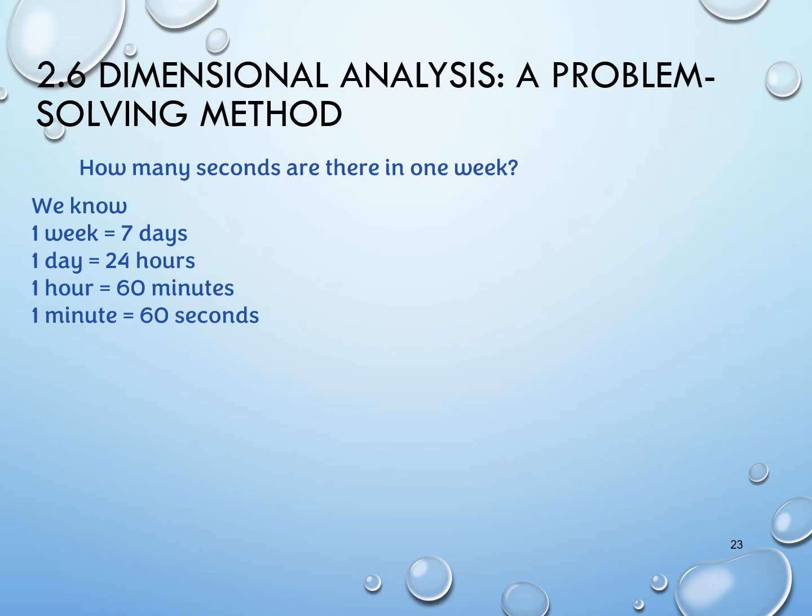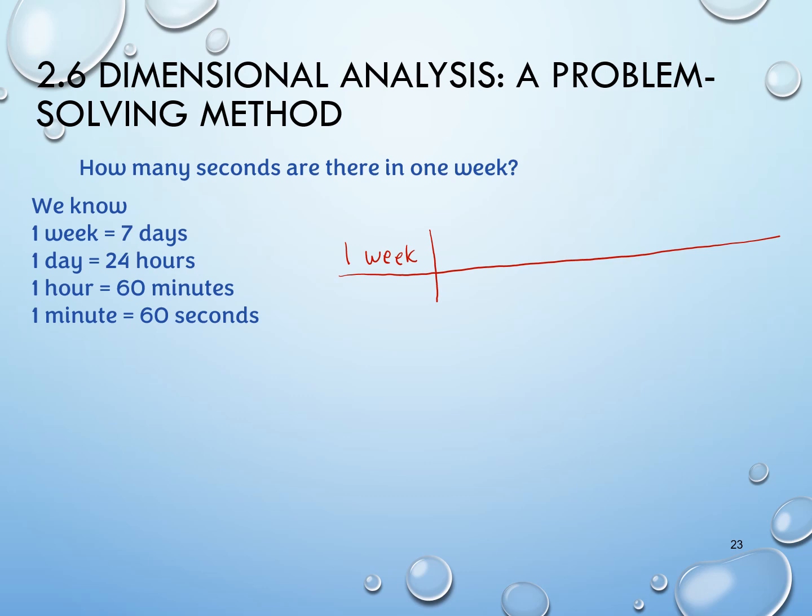Okay, so I would go 1 week. And then instead of writing multiply and divide, I just draw lines like that, because it's a lot easier than writing multiply, multiply, multiply every time. So anything on the top will be multiplied, anything on the bottom will be divided.